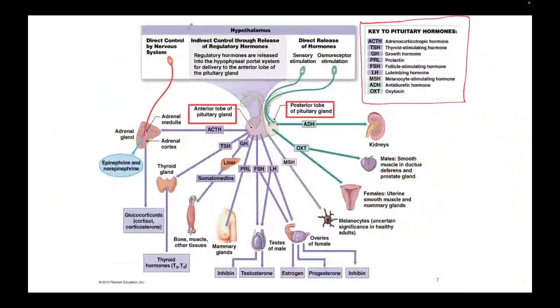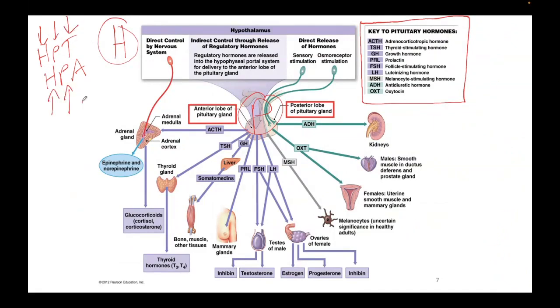Okay. So when we look at this connection, up here is the H for the hypothalamus. Here is the P, right? Because I call it the HPT axis or the HPA axis, the hypothalamic pituitary thyroid axis, or the hypothalamic pituitary adrenal axis. So up here is the hypothalamus, and it's going to send out those regulatory hormones to the pituitary.